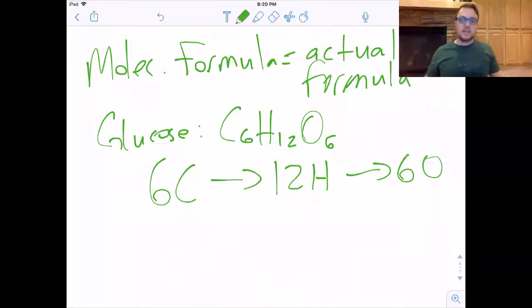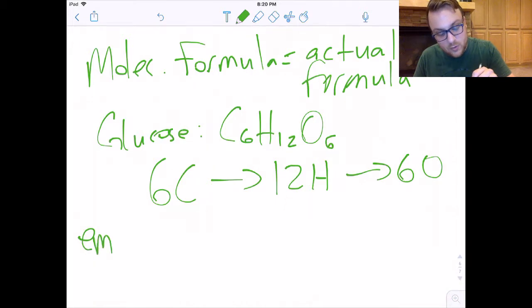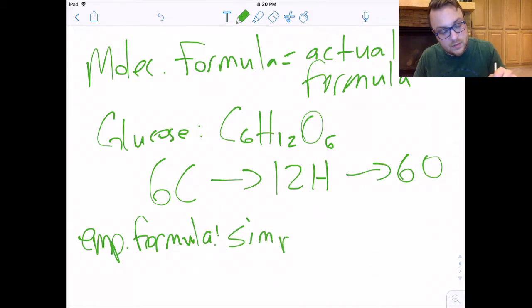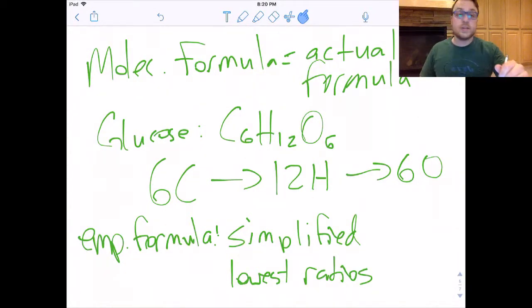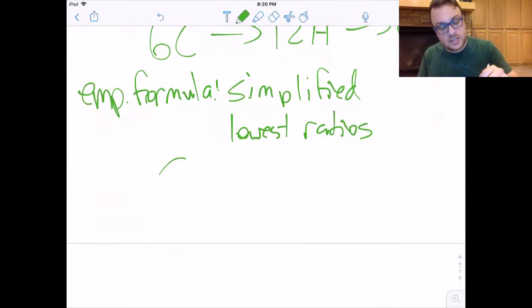For every 6 carbons, there's 12 hydrogens and 6 oxygens. We can simplify this, though. So your empirical formula is simplified. It's your lowest ratios. So what does that mean? If you have C6H12O6 as your molecular formula, those subscripts, those tiny numbers, are divisible by 6.